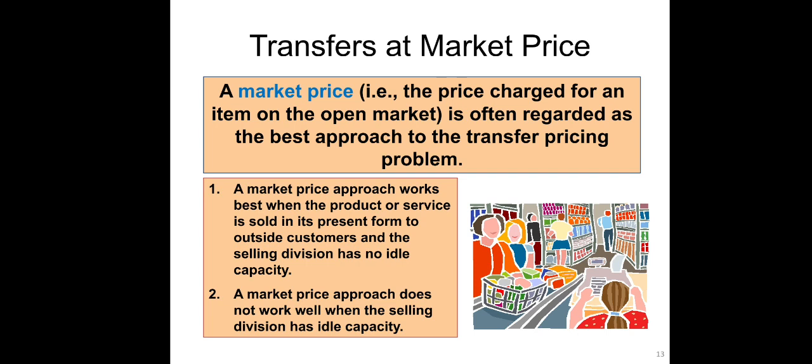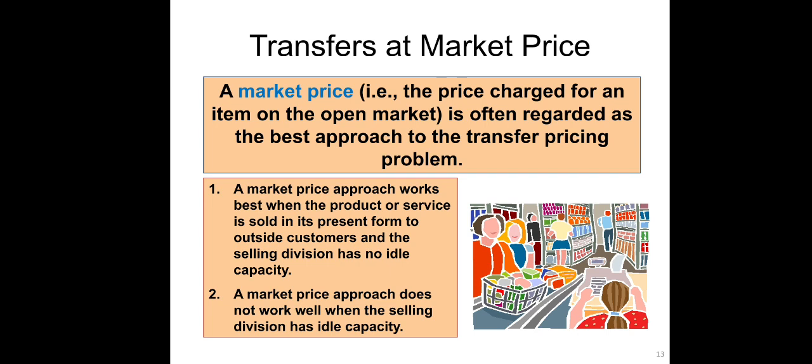Okay, and then number two, market price approach does not work well with the selling division that has idle capacity. So this is an issue of full capacity and idle capacity.